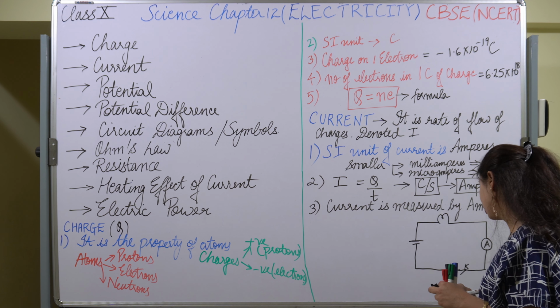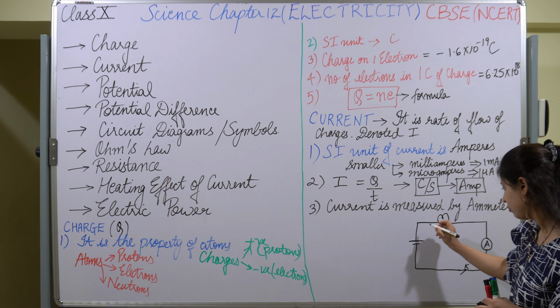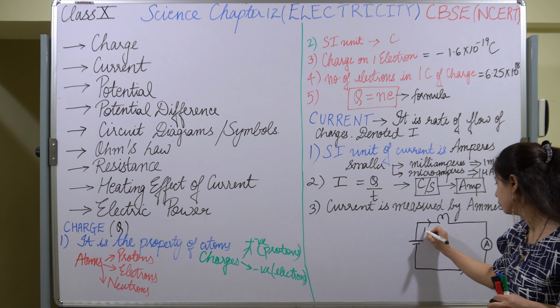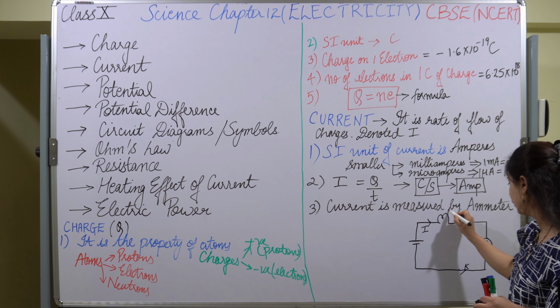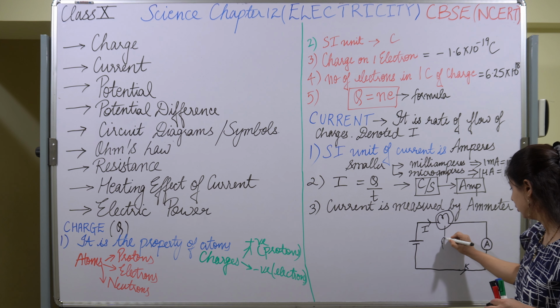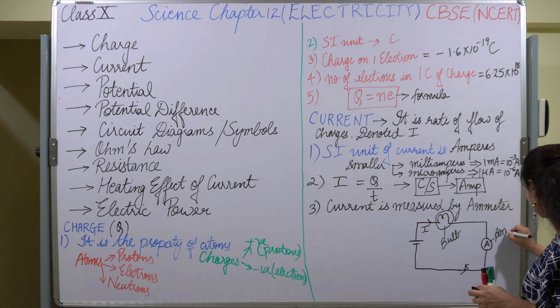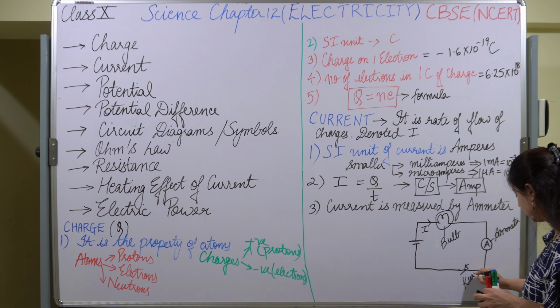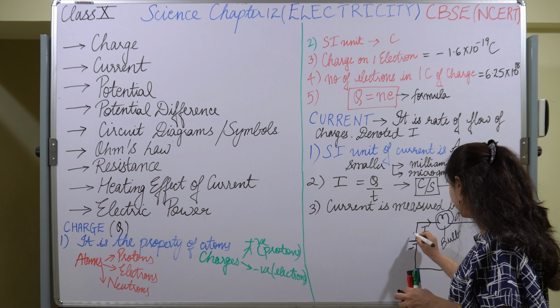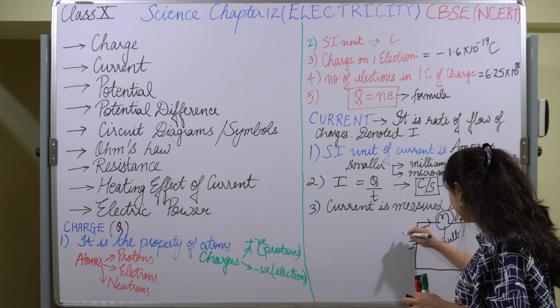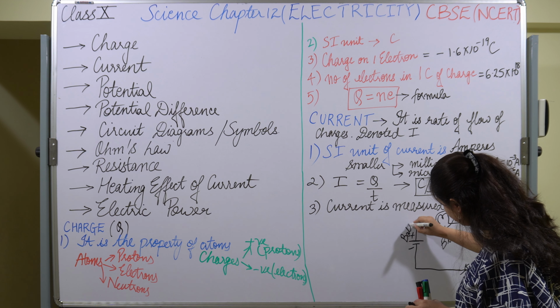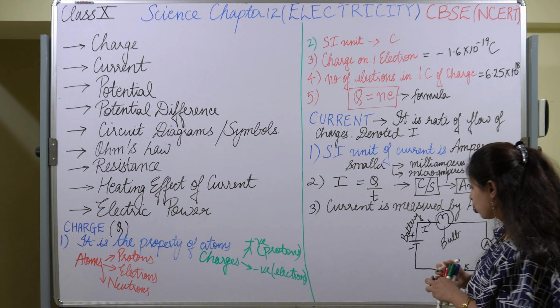So this is the bulb, this is the ammeter, and this is the key. This is the battery, with a negative and a positive sign.